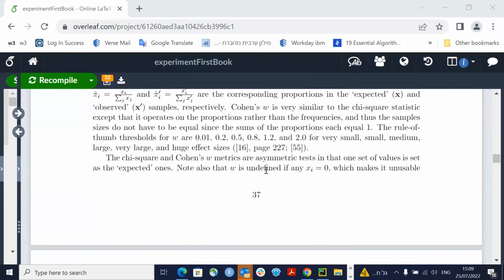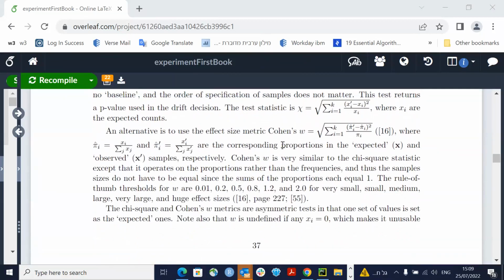So one of the things that's important is that some of these tests are asymmetric in that they're testing the observed frequencies versus the baseline. You can see that in the formula, because the statistic has xi prime as the frequency in one category, and xi without the prime as the baseline frequency of that same category.